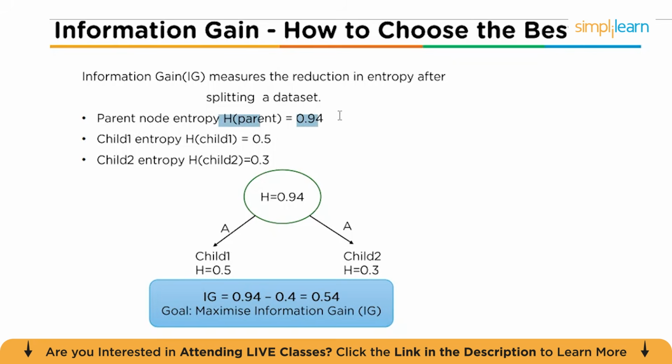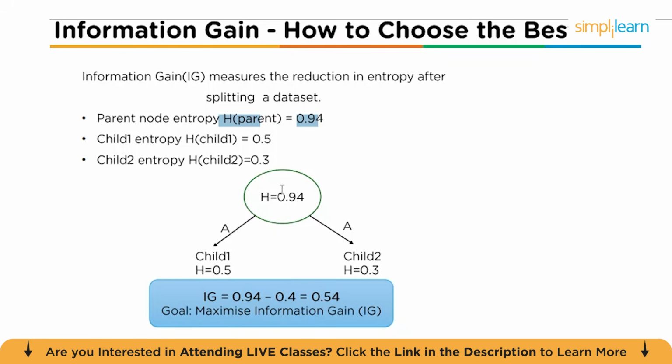So the entropy at the node, or the starting stage when we have not split the set, is 0.94. Now if I divide on a particular feature, that's child 1 and child 2. If I split on feature 1, I get 0.5 entropy. If I split on 2, I get 0.3 entropy, right?